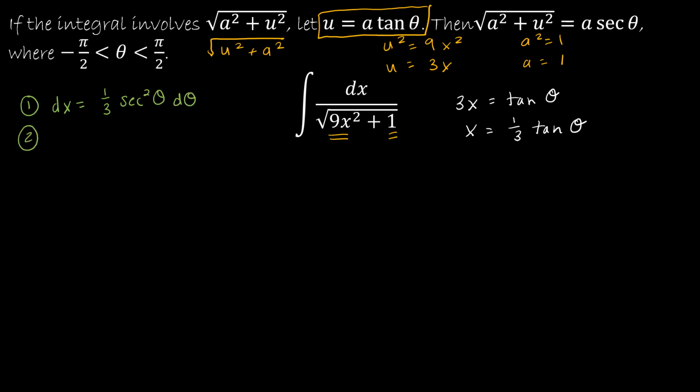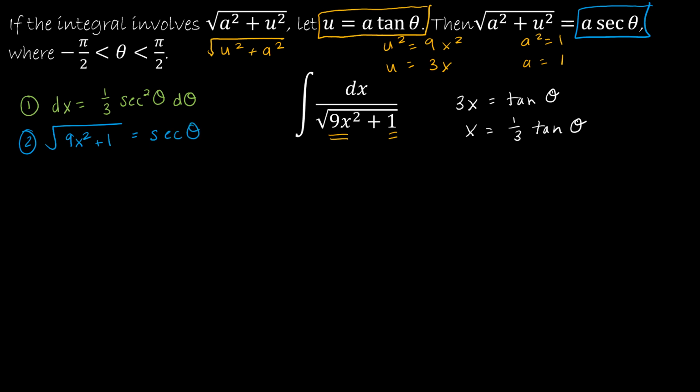And I need to find the substitution for 9x squared plus 1. And again, I can do that because they tell me it's going to be a secant theta, and a was 1, so this is just going to be secant theta.